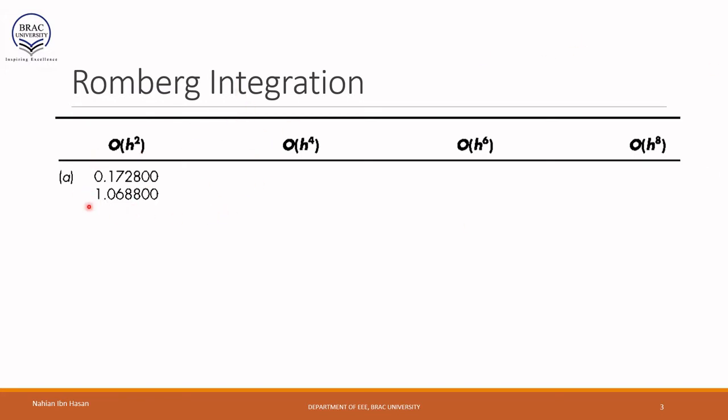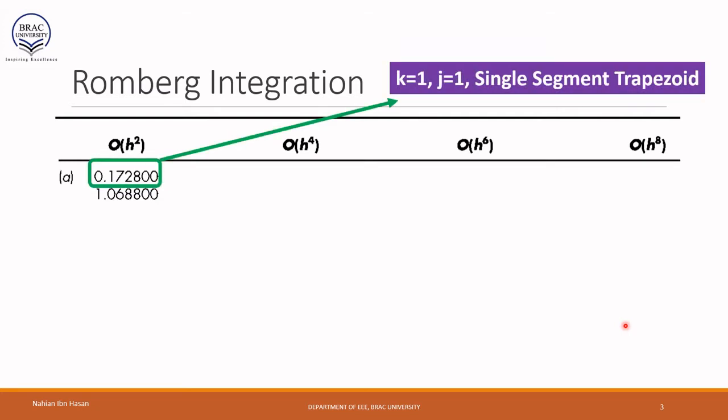So let's say I have two preliminary results with two approximations from the trapezoidal rule. Let's say I have k equal to 1 and j equal to 1. For this value 0.717280, this is the single segment trapezoid result where k equals 1 and j equals 1. If you remember, I have already said k denotes the level of integration.